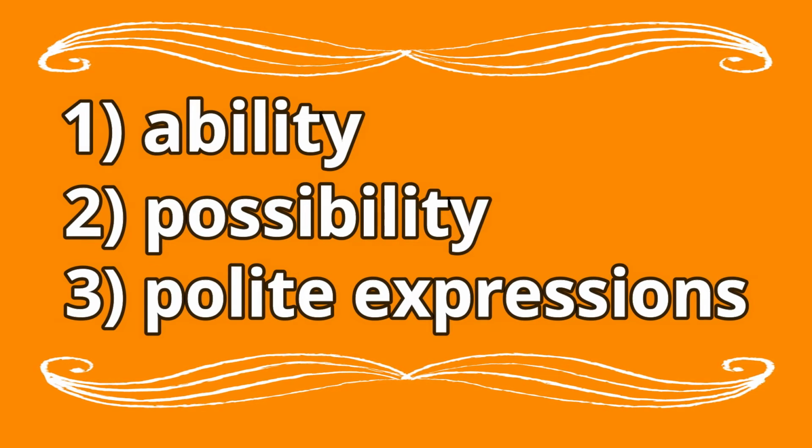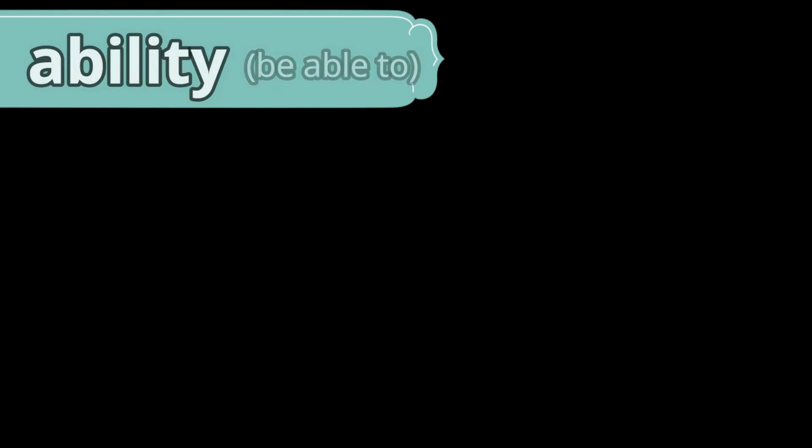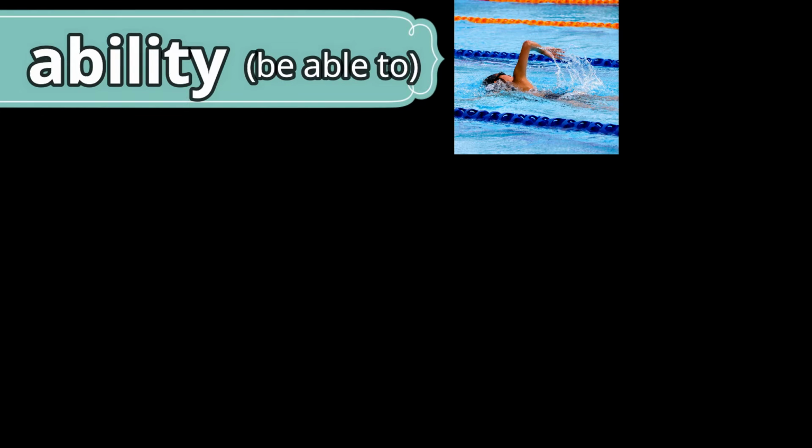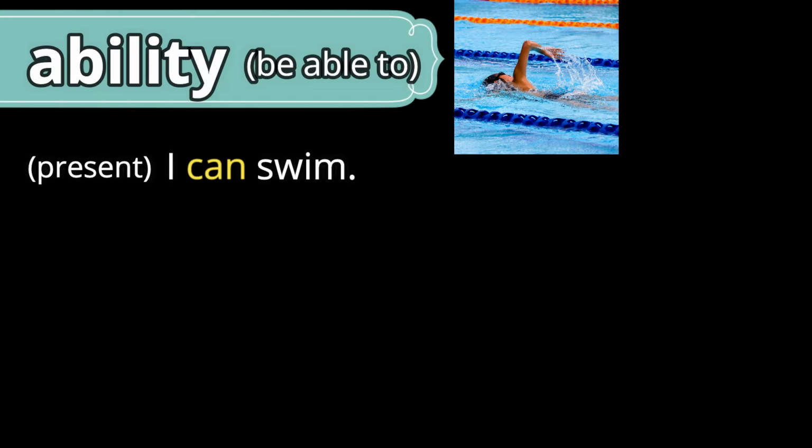So first, let's look at ability. Now, when I say ability, I'm referring to being able to do something. And you can see this with this first example with can. I can swim. This means that I am able to swim.